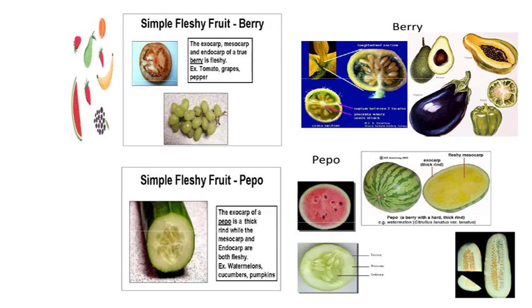So they are referred to as berries. Basically they are derived from superior or maybe inferior ovaries. The epicarp forms the outer skin. The meso- and endocarp are succulent and form pulp. So it has no stony endocarp.